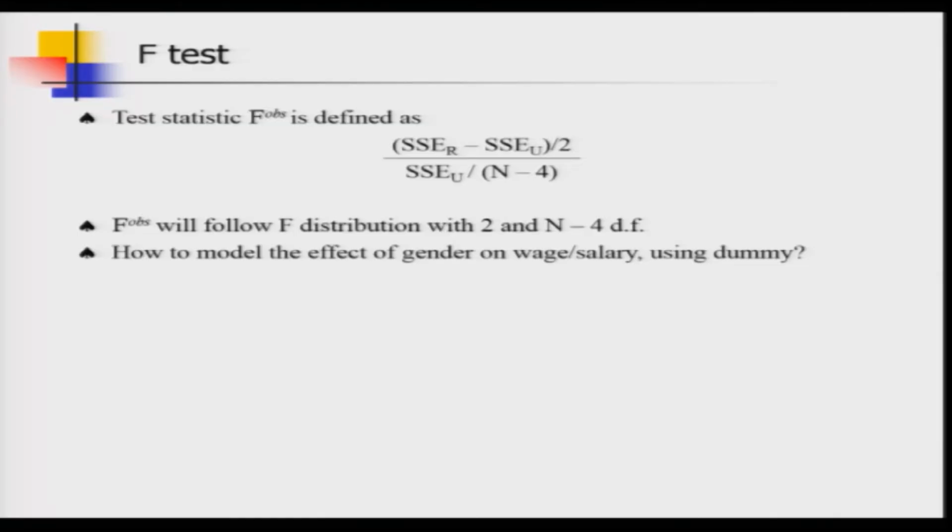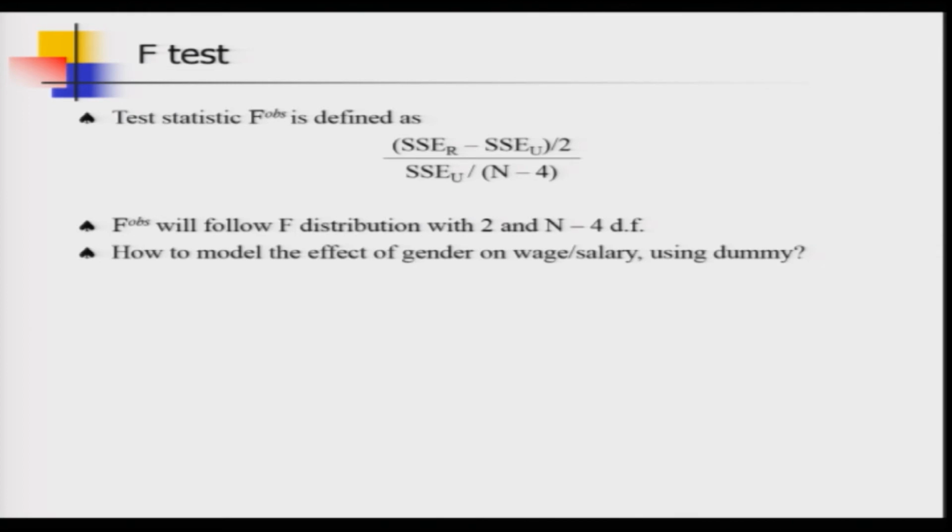Now, this difference between the sums of squared errors of the restricted and unrestricted models has to be divided by the degrees of freedom, and here we are placing 2 exclusion restrictions. So, that is why the degrees of freedom is 2.